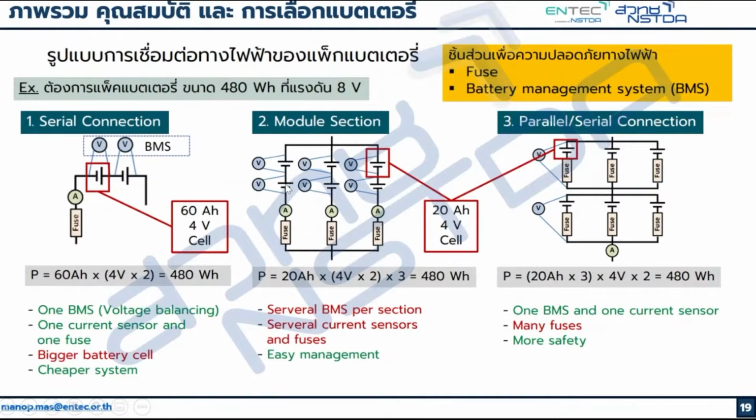The second one is the module section, the grid connection. You lose the third fuse.